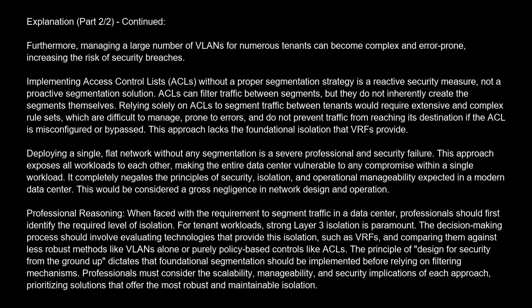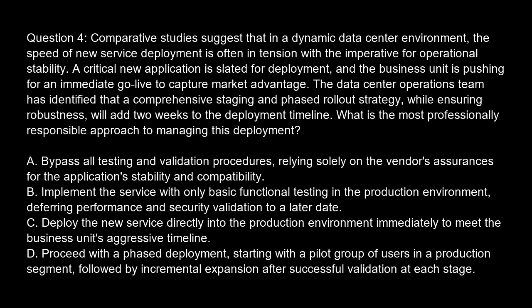The principle of design for security from the ground up dictates that foundational segmentation should be implemented before relying on filtering mechanisms. Professionals must consider the scalability, manageability, and security implications of each approach, prioritizing solutions that offer the most robust and maintainable isolation.